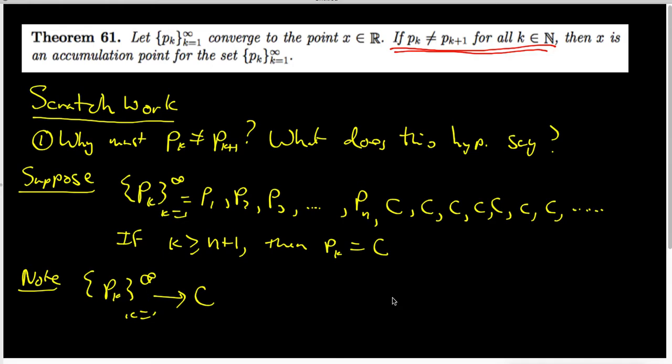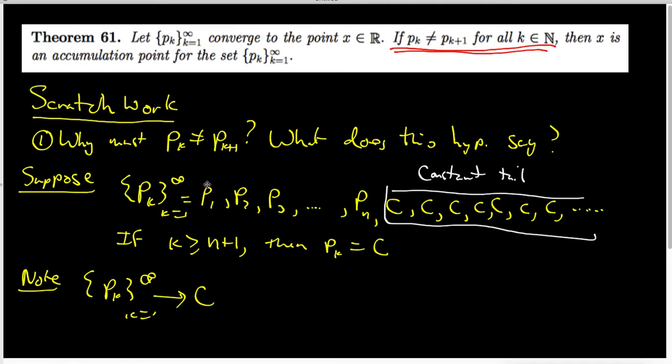This stuff here says that we have a constant tail. We have some beginning terms over here, but at some point, the only term that we have is the thing that we're converging to, written over and over and over. And since we get to a point where we're just hitting the same point over and over, convergence to that point is no problem.